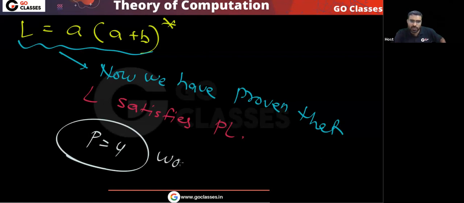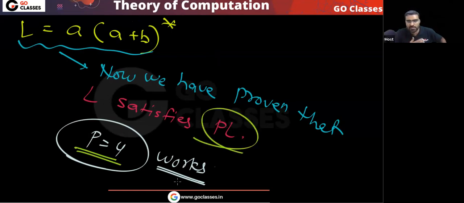This magical number works. And remember, do we need some magical number or every magical number? Yes, some magical number. We only need some magical number. I only care about some magical number. This magical number works and I'm happy. And I can say the pumping lemma is satisfied. Is this clear?